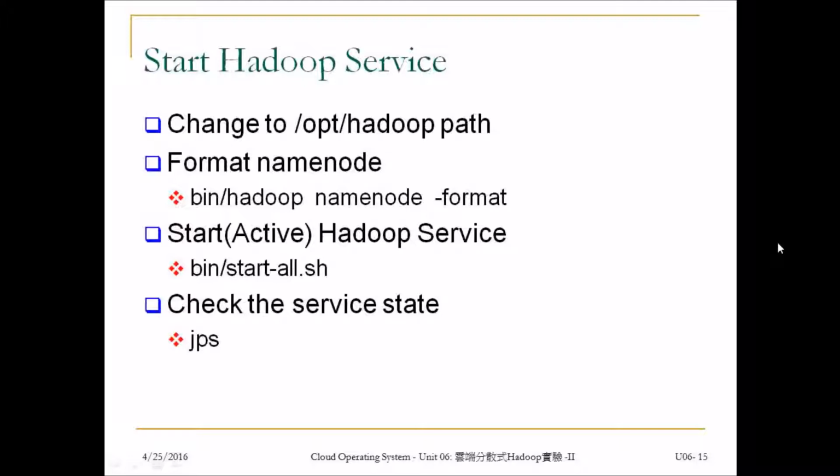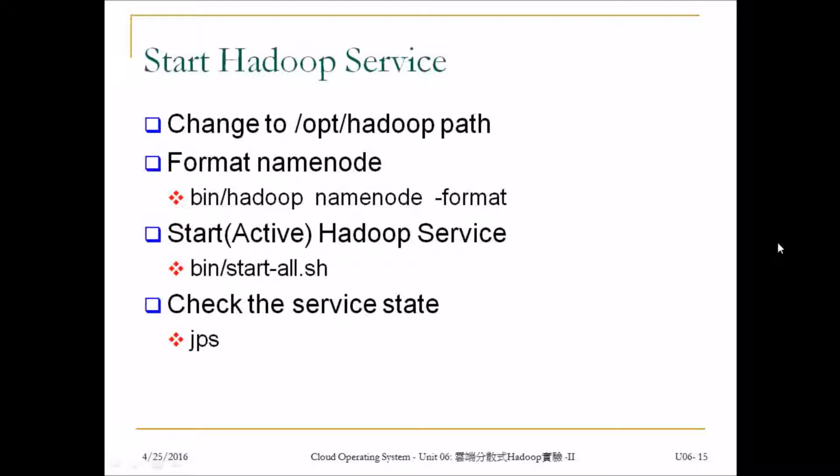Hence, now we can start or activate the Hadoop service, with the start-all.sh command in the terminal environment. You will find many compiled results. You can know whether the Hadoop service is established or not by using the command jps.